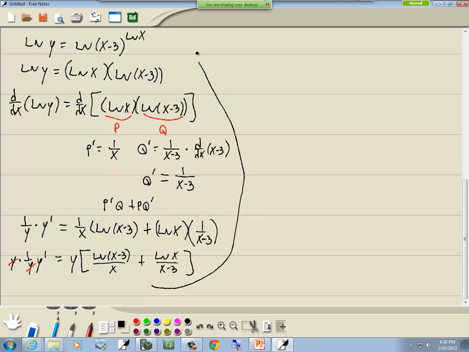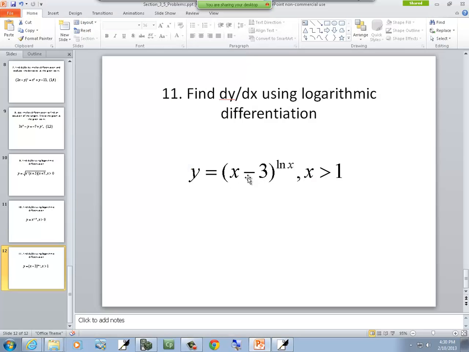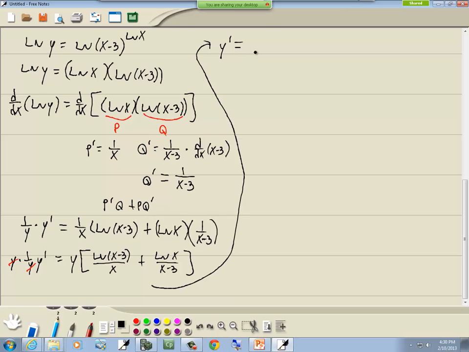And then we'll have y prime is equal to y, which y was this right here, so we can plug that back in. So x minus 3 to the natural log of x power times natural log of x minus 3 over x plus natural log of x over x minus 3.